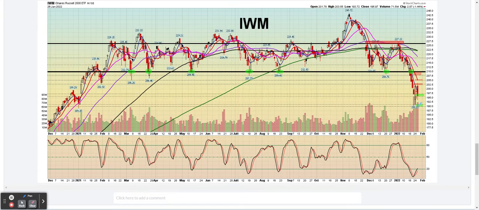And I would expect that zone between 190 and 191 to act as support. But this one has been very weak. So I would not be surprised if this one will be the first index that will break the low from 2 days ago.